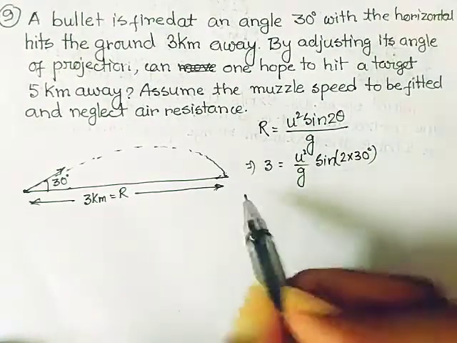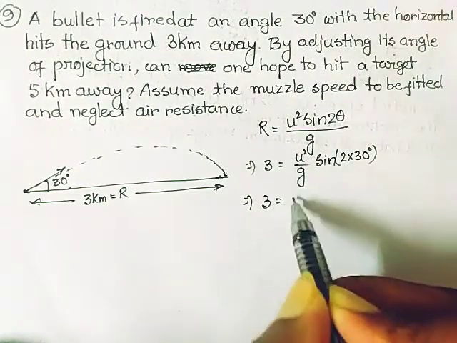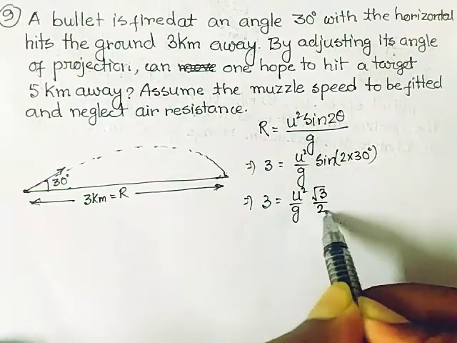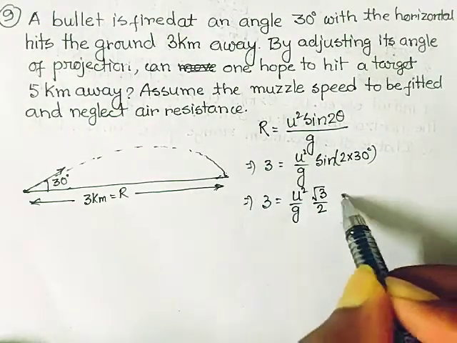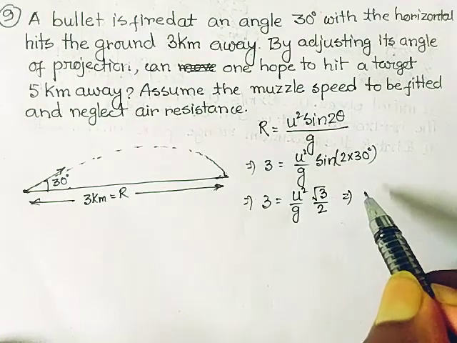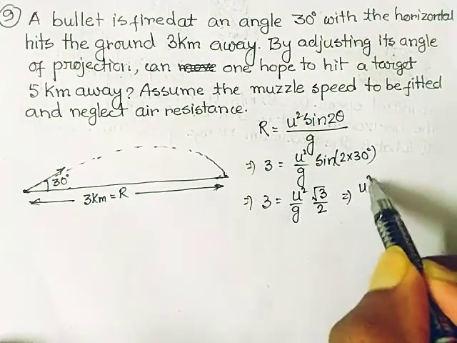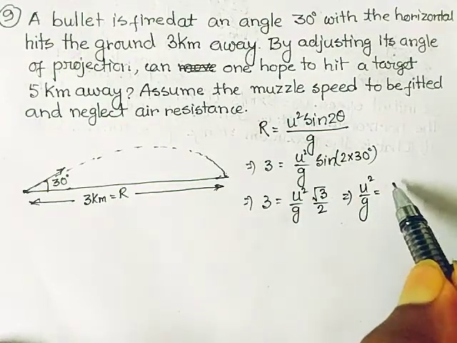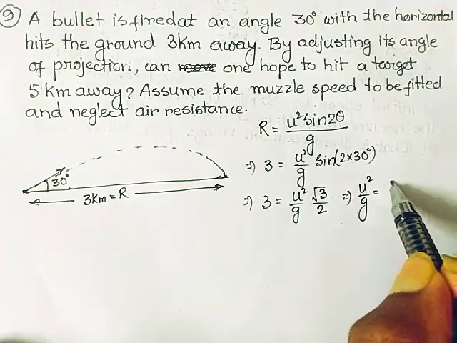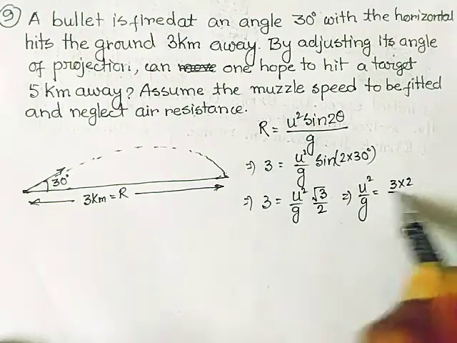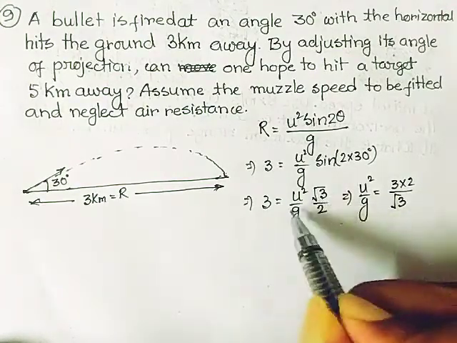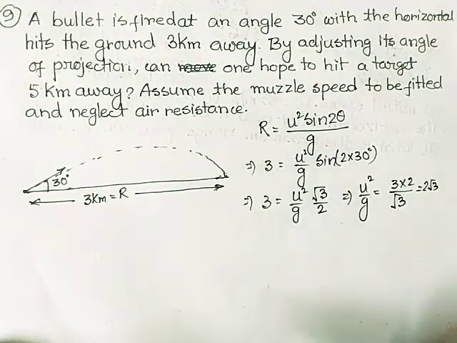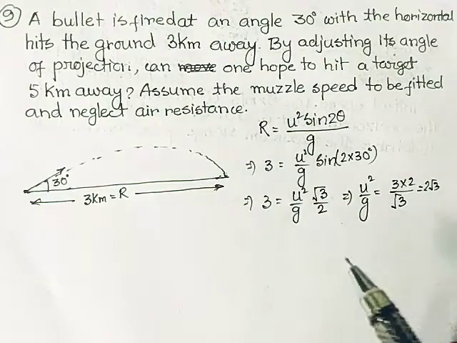The value of sine 60 degree is root 3 by 2. So this thing will become u square by g. If I try to find out this constant, this thing will become 3 into 2 divided by root 3. So it will become 2 root 3 approximately.